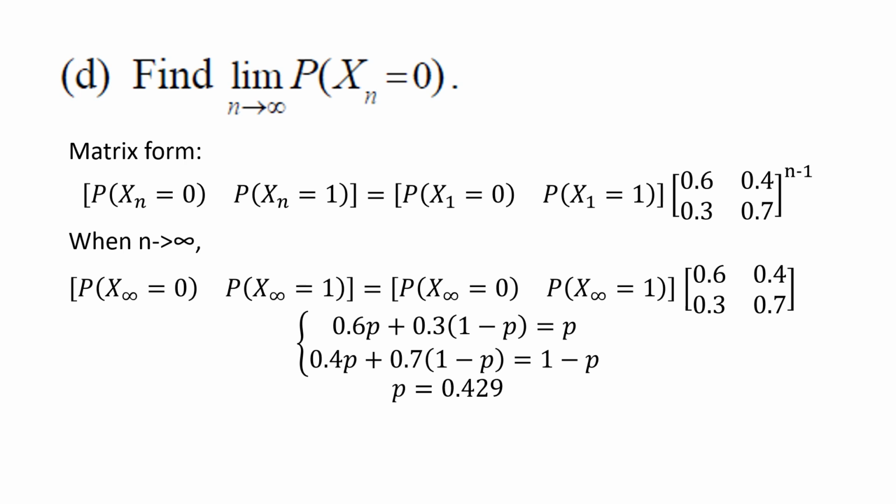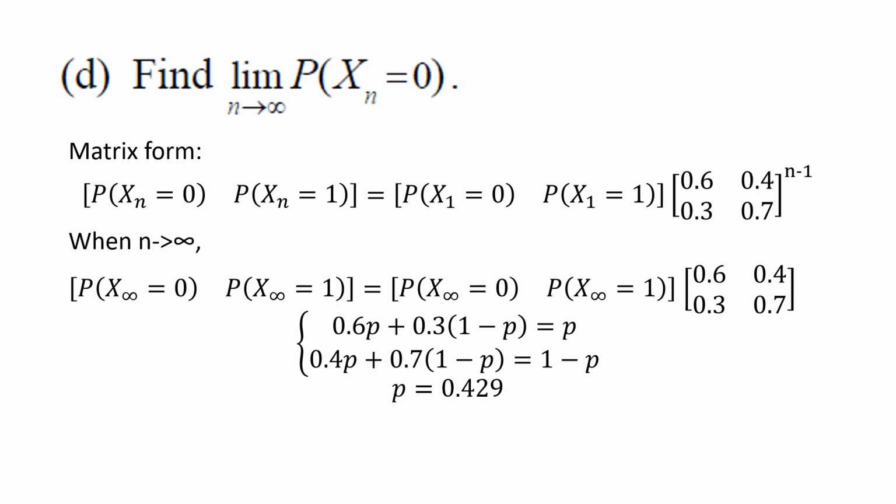When n is infinity, if there is such a probability, it must satisfy this equation, that after one matrix multiplication, it still equals itself.